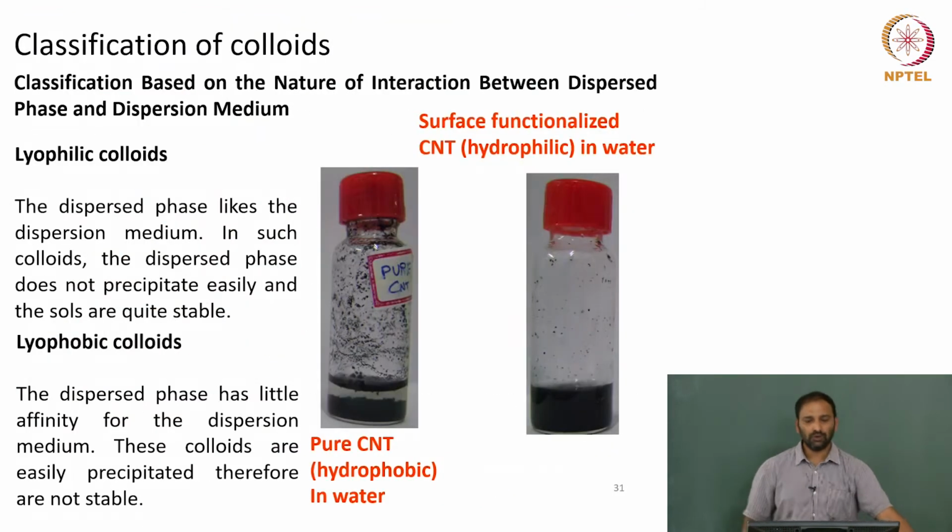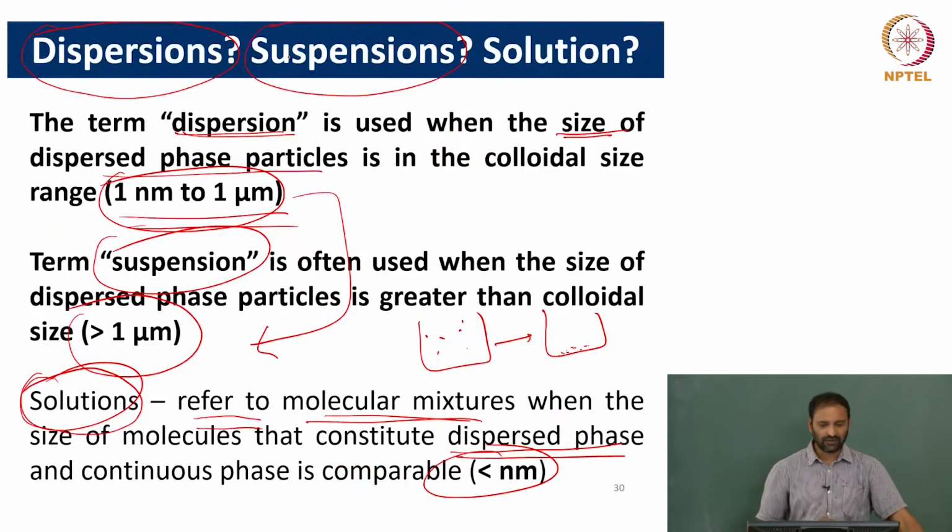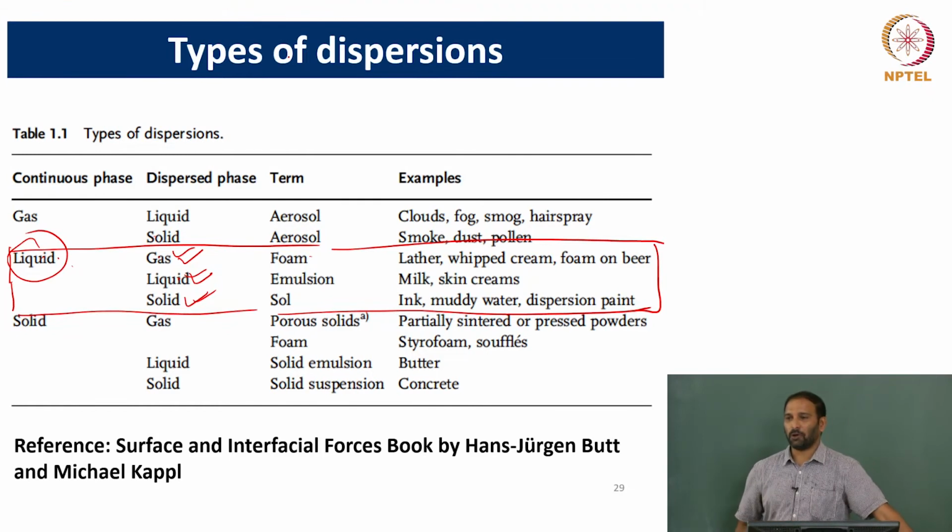Now we'll move on to something called classification of colloids. There are different ways of classification. In fact, you can even think about this particular table as a classification, based on the type of the dispersed phase and the continuous phase.